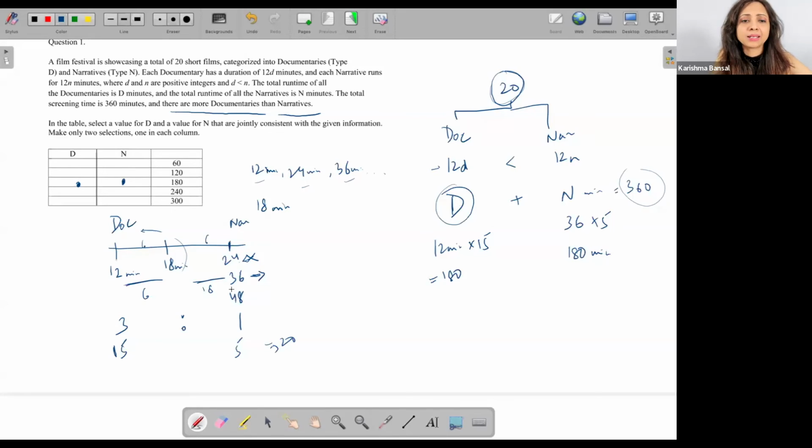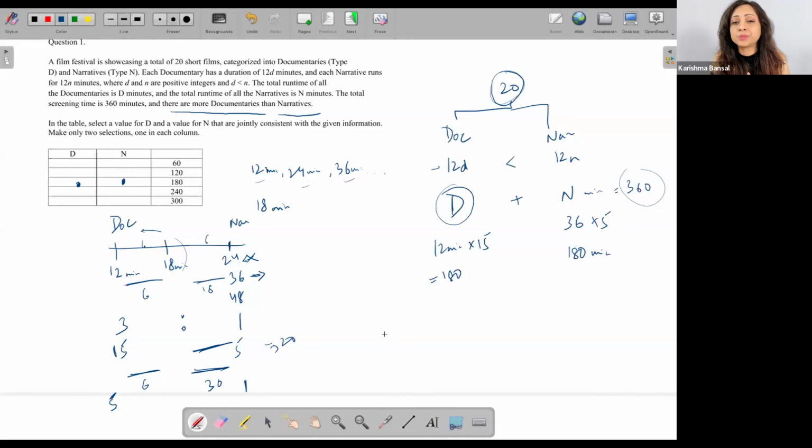Look at 48. Let me assume that maybe the duration of the narratives was 48. Let's say I didn't have 36. What would I do? I would say here the difference is between 18 and 48. The difference over here is 30. Between 12 and 18, the difference over here is 6, which means that this is a ratio of 1:5. So that means 5:1 are the number of documentaries is to narratives.